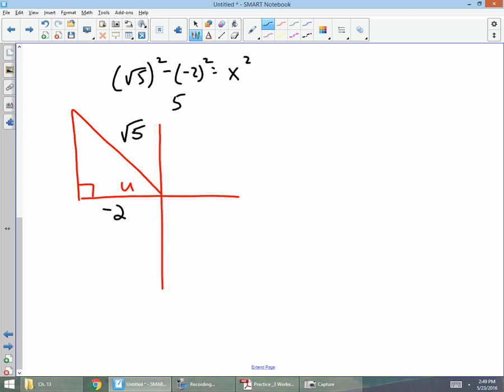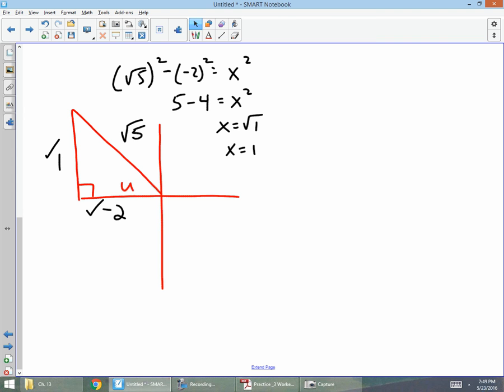So 5 minus 4 equals x squared, so x is going to be the square root of 1, which means x is 1. And just check it: 1 squared plus 2 squared is the square root of 5. Okay, I'd hate to see a mistake take place because of the Pythagorean theorem. So this part is 1.